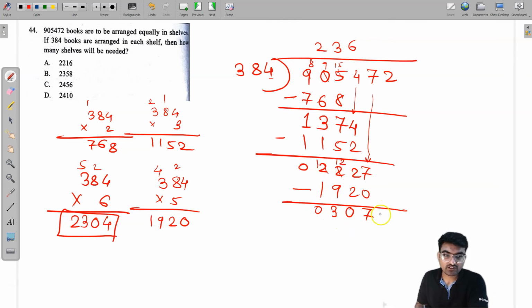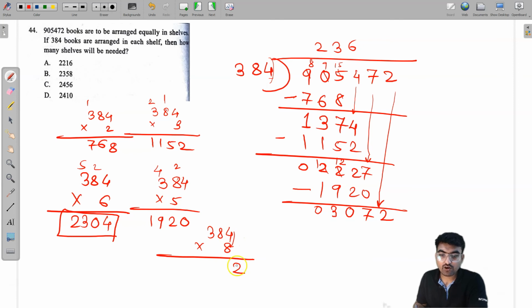So 307, and this will be 2. Okay, so now let's try 8. 384 into 8. How did I think of that? If I multiply 4 into 8, in the end I will always get 2, correct? So in the unit place there is also 2, so we should try with 8.